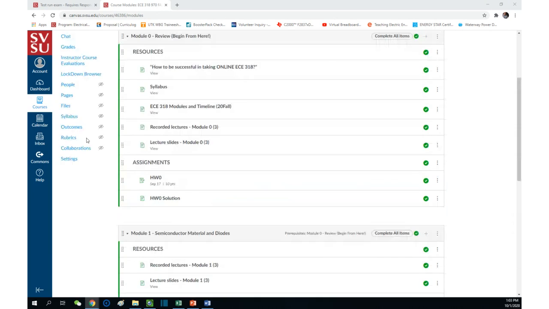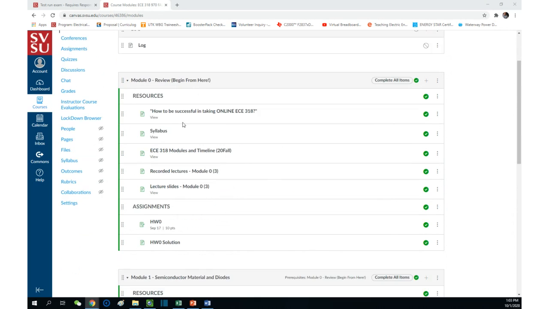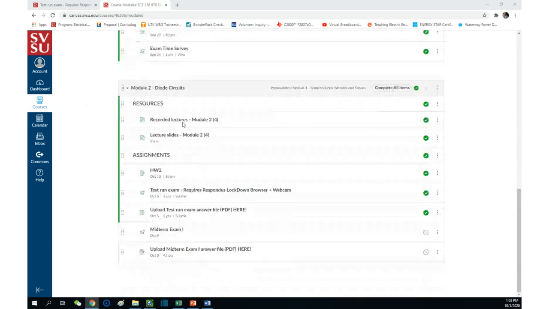So don't go to the calendar here, and also don't rely on the manuals here either. Just go to the modules.